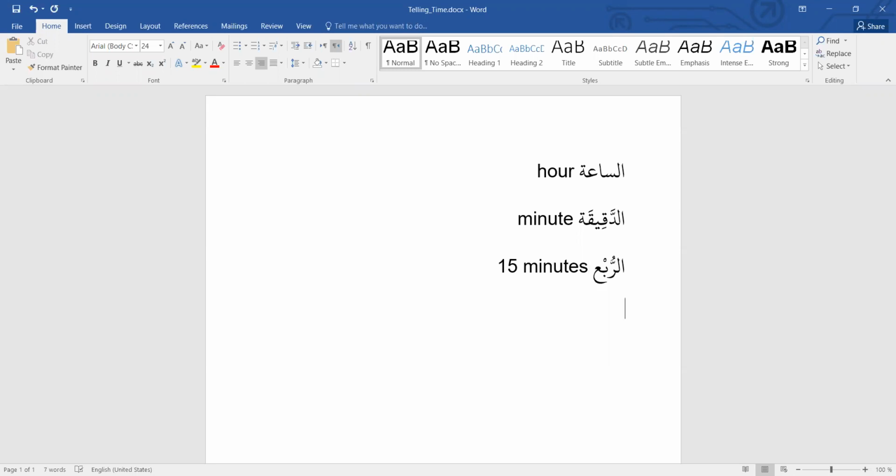After a rubu, we have a sulus. A sulus again literally means 1/3 in Arabic. So 1/3 of an hour is like 20 minutes. So for the purpose of this lesson, we would say that a sulus is 20 minutes.